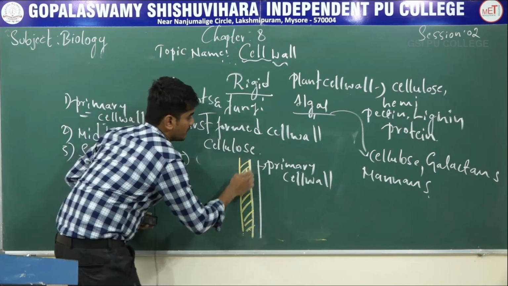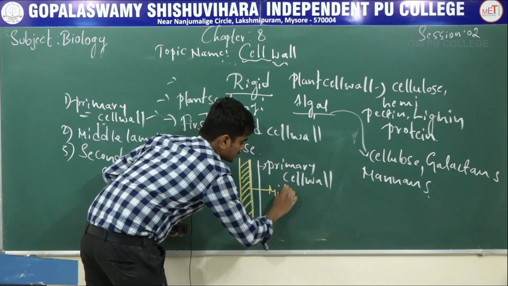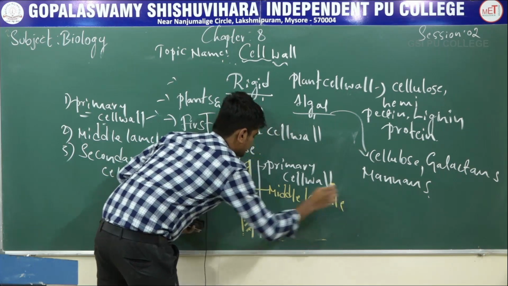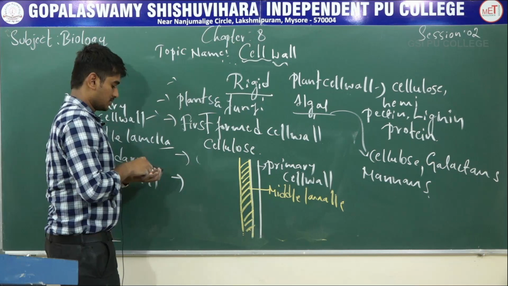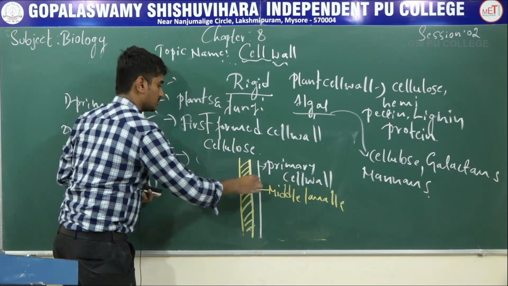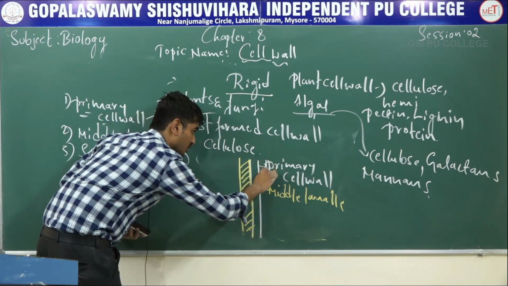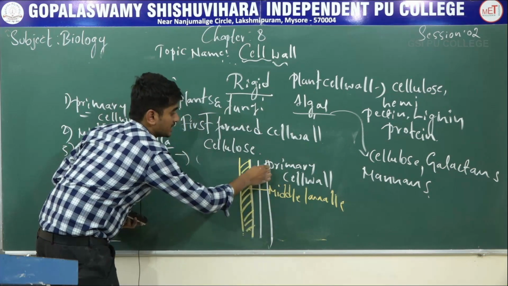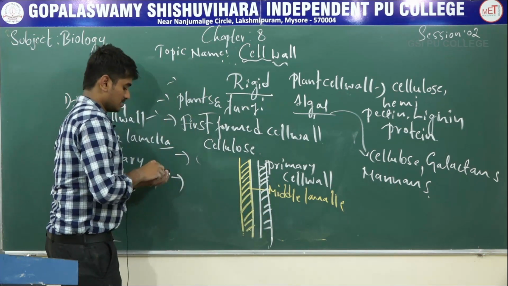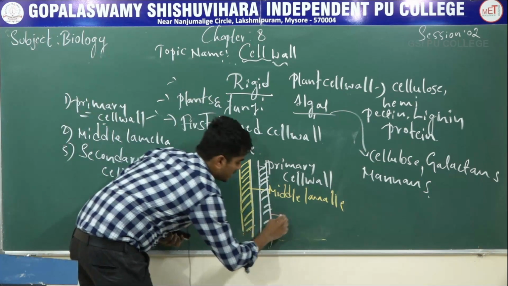So this is called middle lamella. And next to the primary wall, there is the secondary wall. So this is called secondary wall.